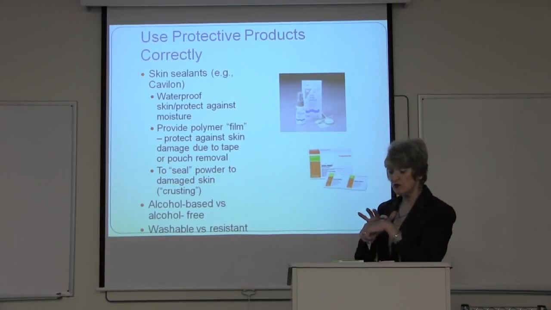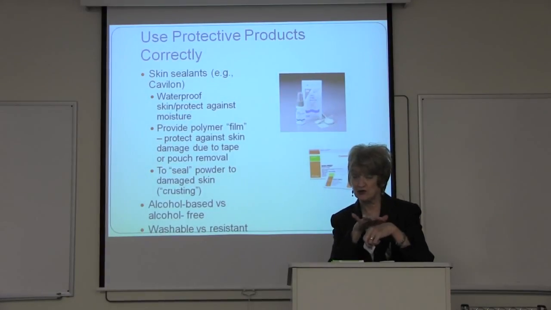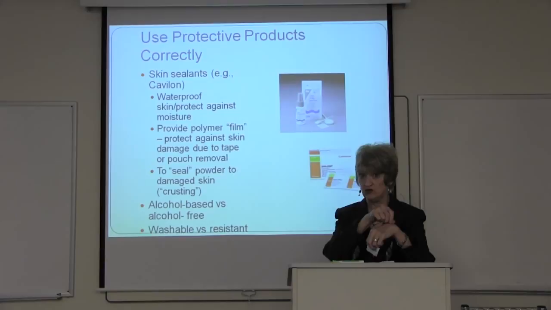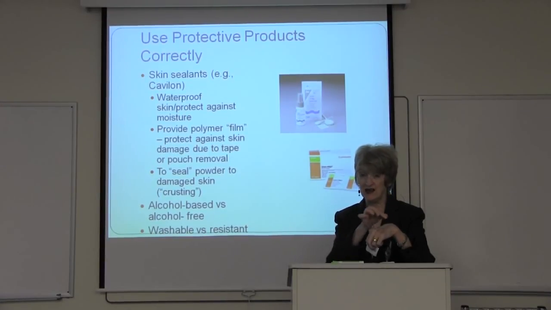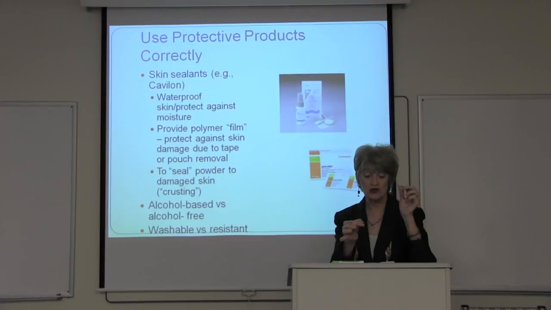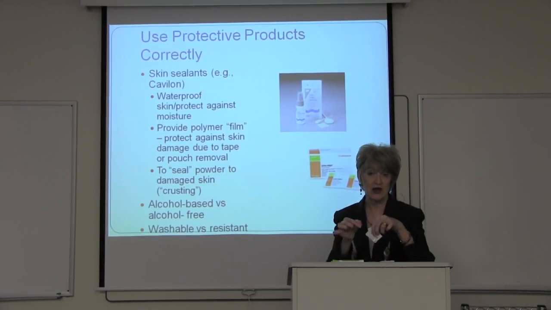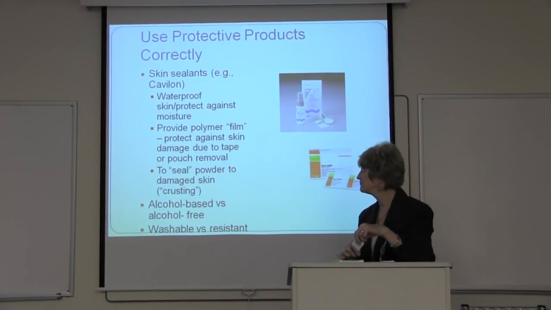In addition, when you put that layer on the skin, you actually create like an extra protective layer of the skin so that when you take tape off, when you take the pouch off, instead of pulling on the top layer of the skin, you're peeling off this plastic film. So use of these skin sealant products also helps to protect against what we call tape stripping or tape damage. Helps to ensure that when you take the tape off, you won't take off skin as well.